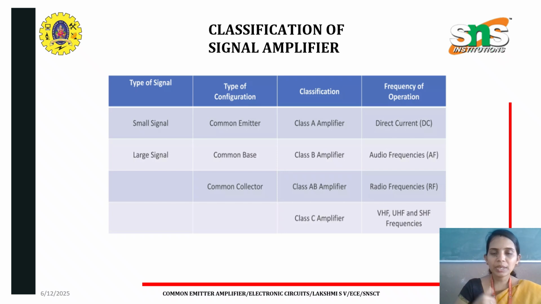Normally based on the operation, we classify as class A, class B, class AB and class C. These are called power amplifiers. And based on the frequency of operation, we have different types: DC, audio frequencies, radio frequencies, very high frequencies, ultra high frequencies, etc. These are the various categories of amplifier types.